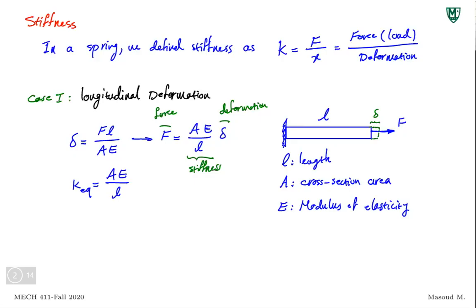What does that mean? It means that when this bar is under a longitudinal deformation, some force is pulling it or compressing it, I can easily just say this bar is pretty much a spring.